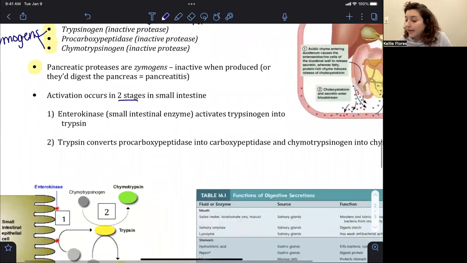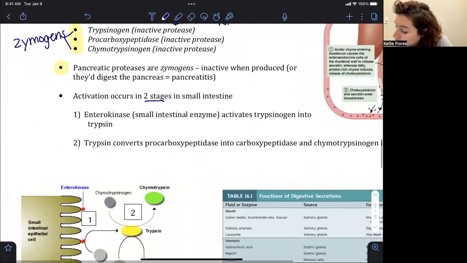First, we have another enzyme called enterokinase. So we can say it enters, or it's starting the process. It activates this enzyme called trypsinogen to trypsin. So remember, when it ends in ogen, it's inactive. That was our hint. Zymogen, trypsinogen, etc., into trypsin.